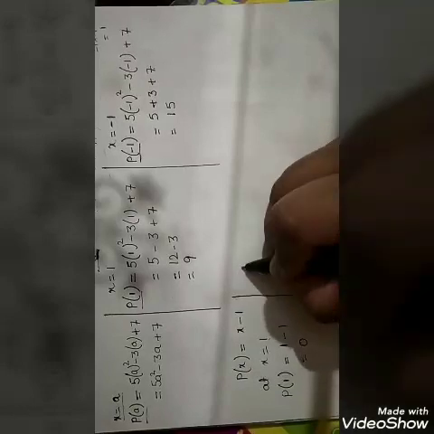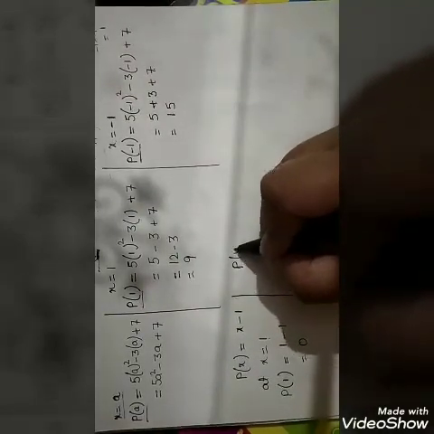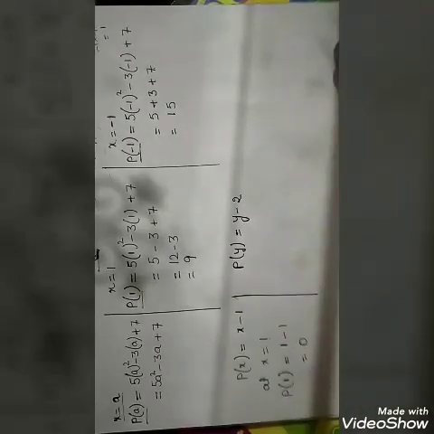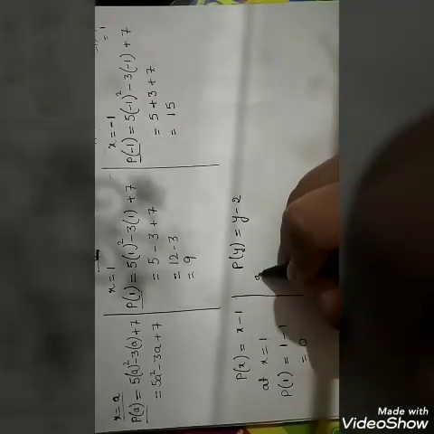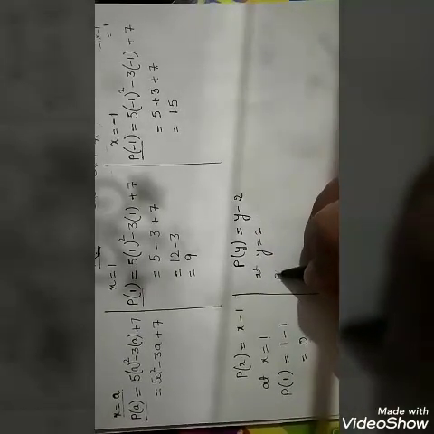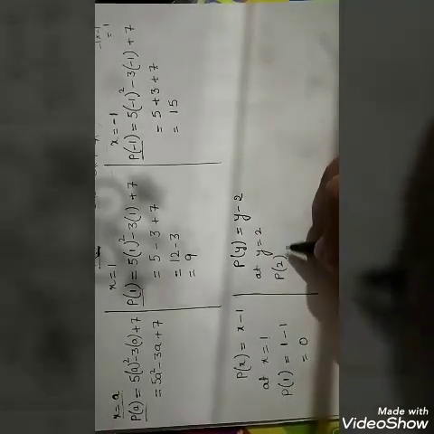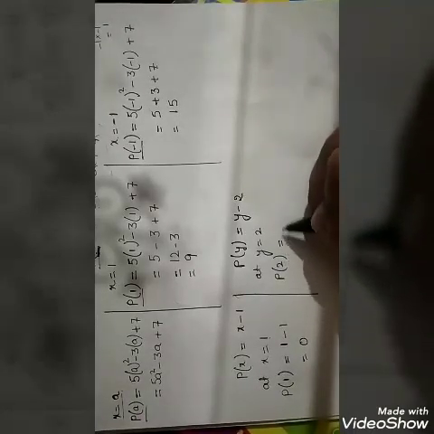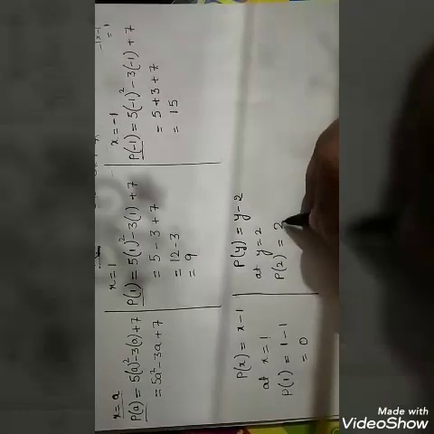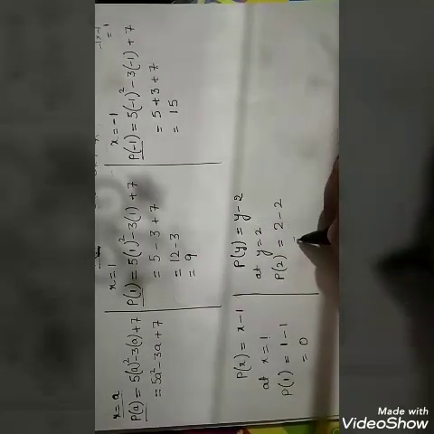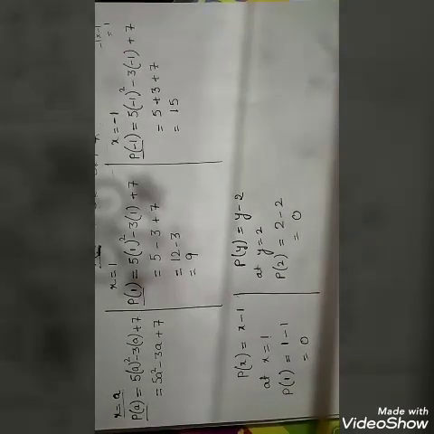Similarly, if a polynomial is p(y) = y - 2, at y = 2, the value of the polynomial is p(2) = 2 - 2, that is 0.